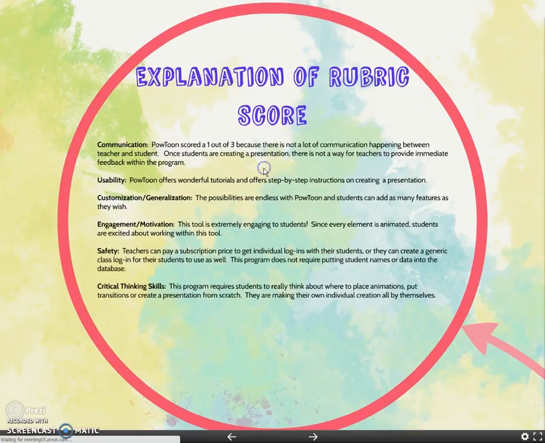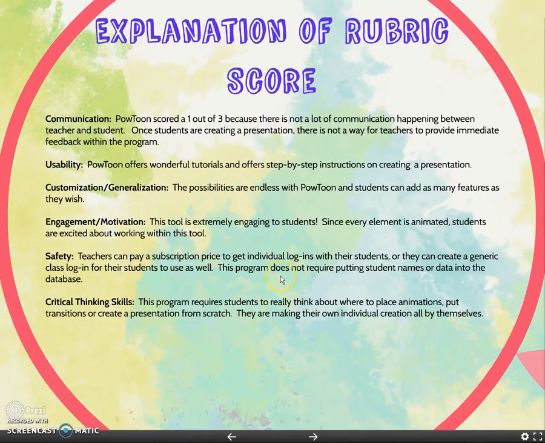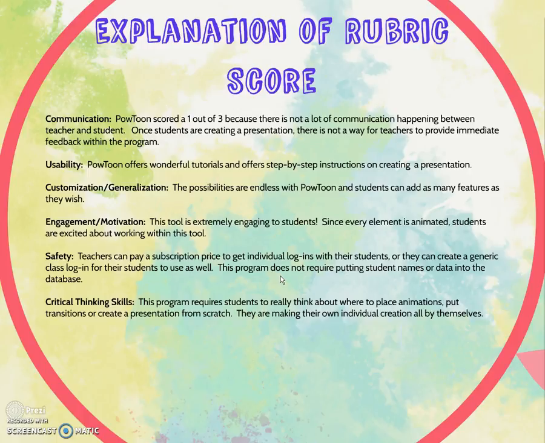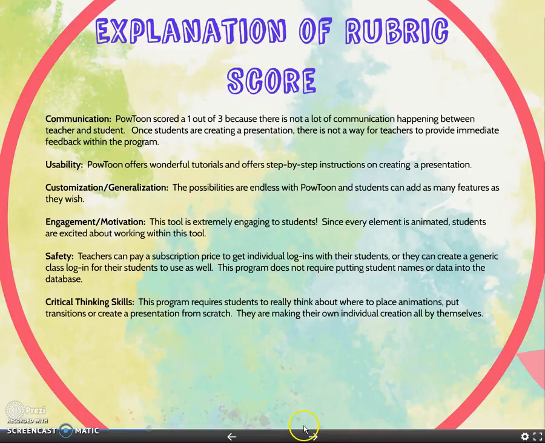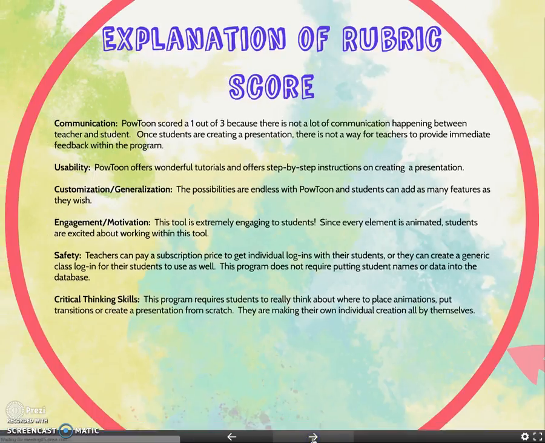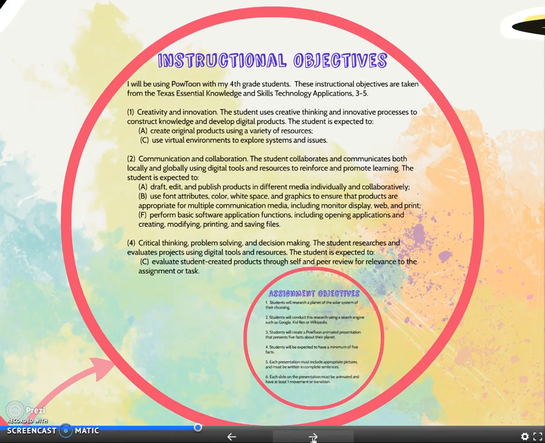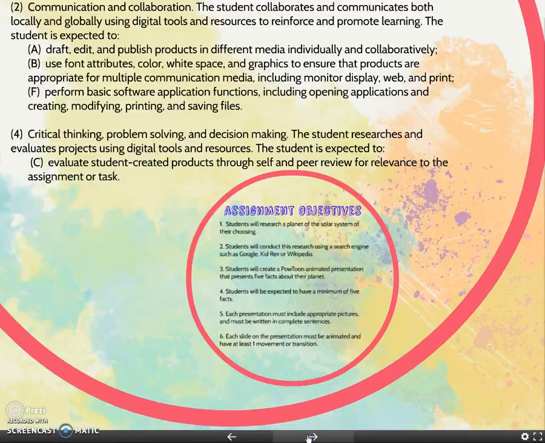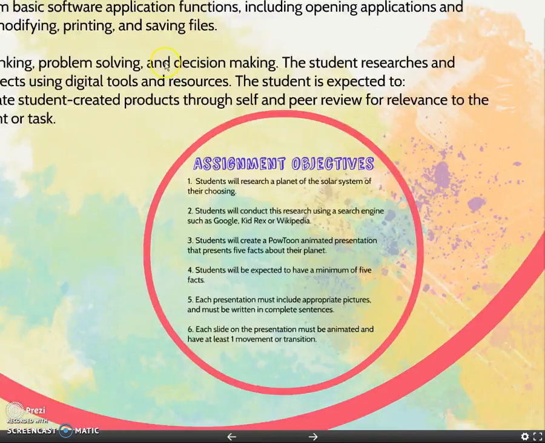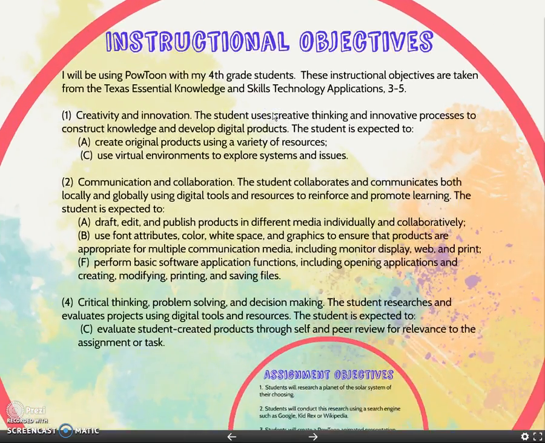This is just a little bit of an explanation of why I scored PowToon the way that I did. As you can see, I went through each different category and I gave a little bit of my thoughts on why I thought that it scored the way it did. Here are my instructional objectives.